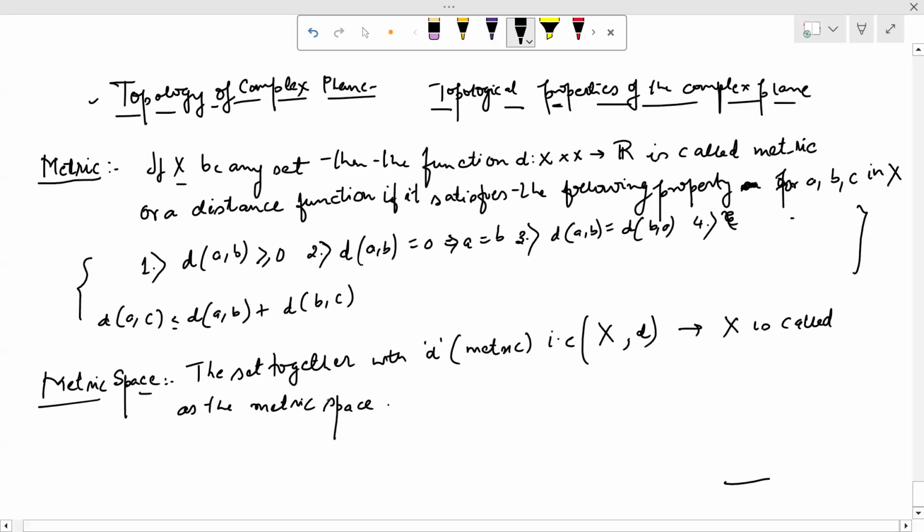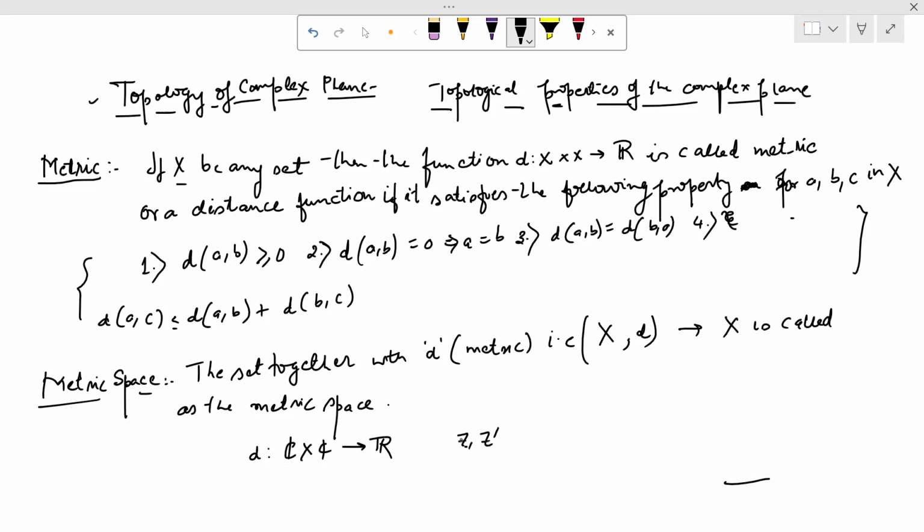So in particular, we are discussing complex numbers. So let us define the distance in complex numbers. How is the distance defined? By modulus. Let us define a metric function d on C cross C to R. If z and z dash are two complex numbers, then the distance is given by the modulus of z minus z dash.